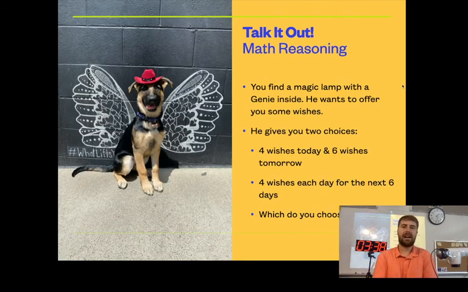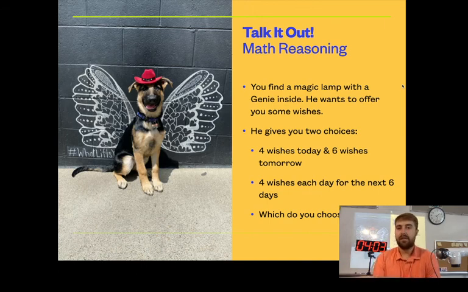So I want us to think about a couple of things here. I'm going to pose two different math reasoning questions that we can talk about, think about. So as you think about this, put some thoughts in a comment below or in a discussion post on Schoology. But here is our first question. You find a magic lamp with a genie inside.